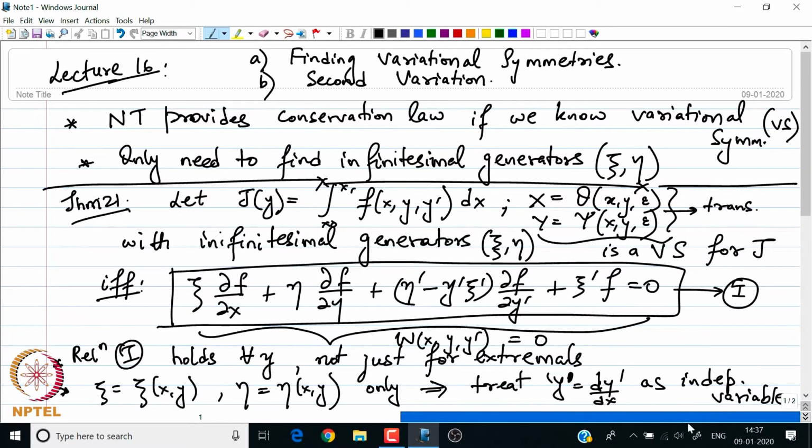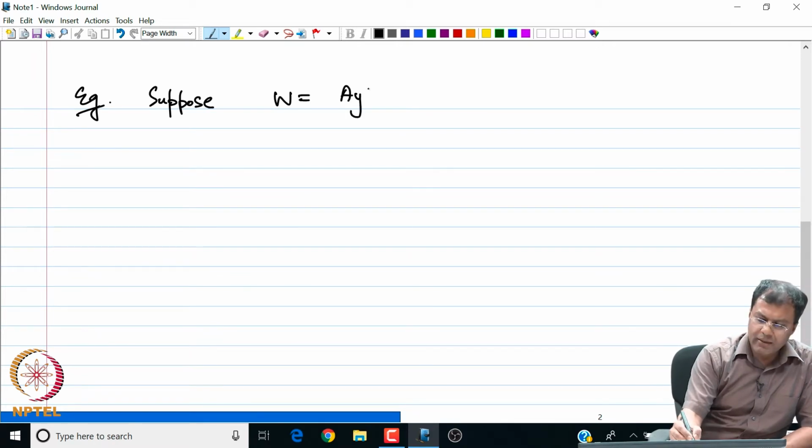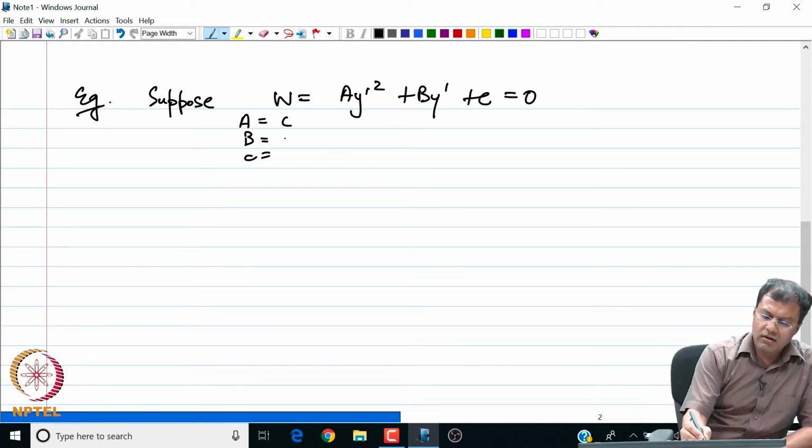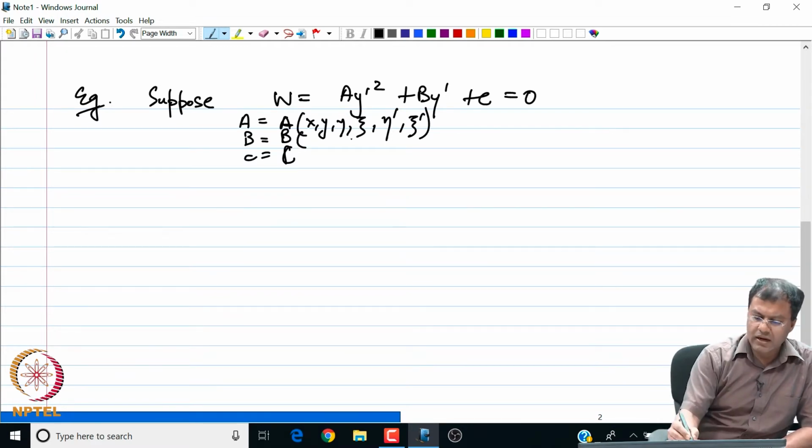In particular, suppose w is of this form, a y prime square plus b y prime plus c, set equal to 0. Typically a, b, c are all functions of x, y, eta, xi and eta prime, xi prime. These are all the variables that we can get, and similarly for b and for c.